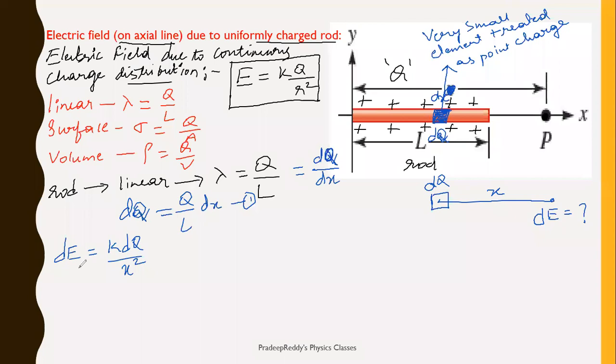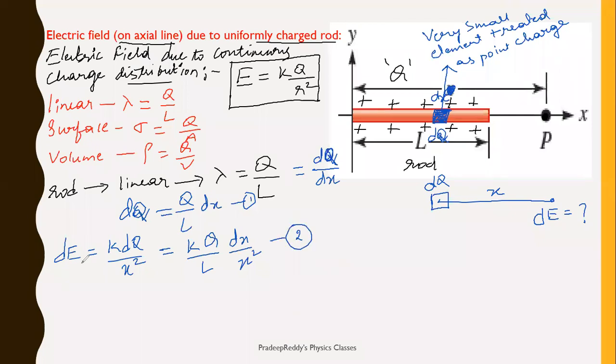That value, dE, is k dq by x square. But you already have the dq value. Substitute that here: K into Q divided by L into dx divided by x square. Take this as equation number 2.